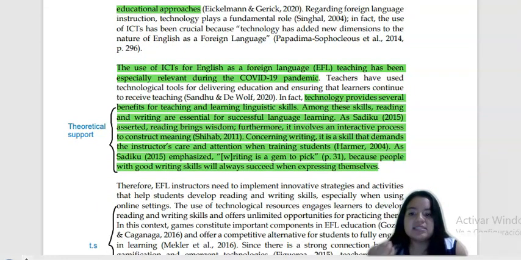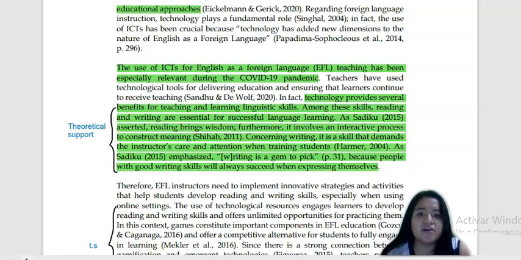Basically, the problem is a need that came from the pandemic and all the changes in education, where students and teachers must begin to use technology to remain relevant in a context such as a pandemic.